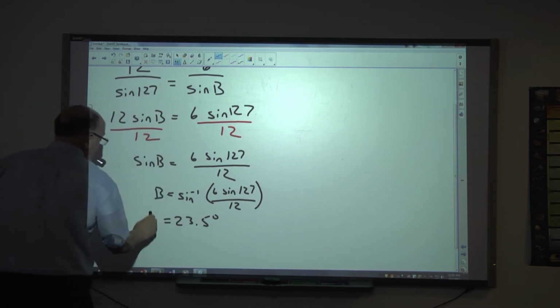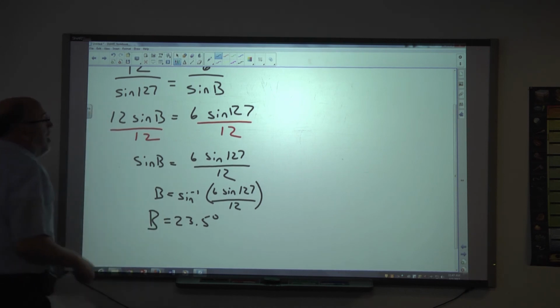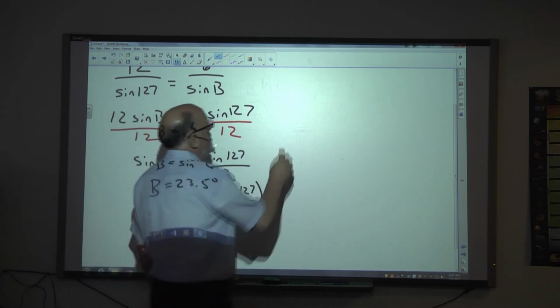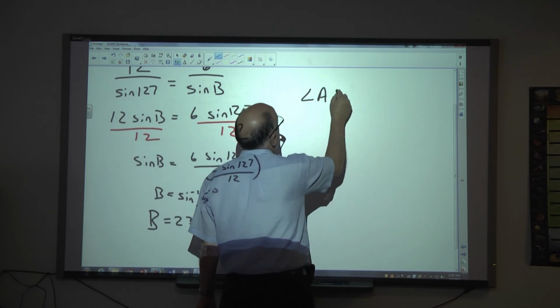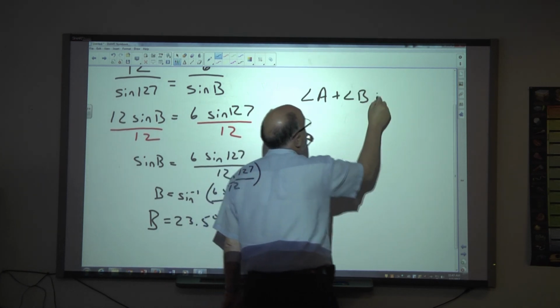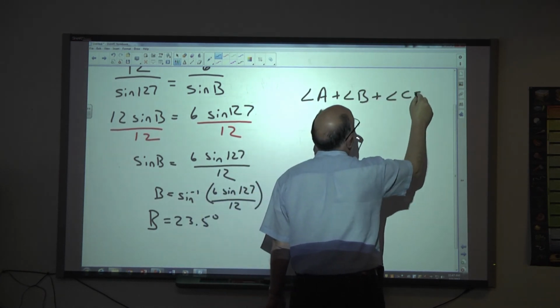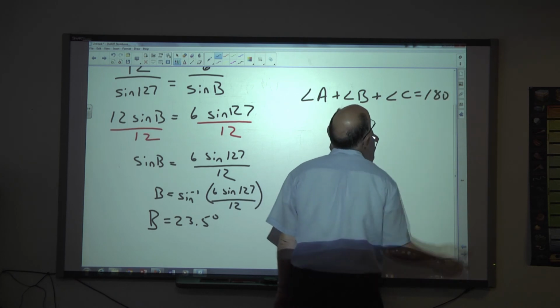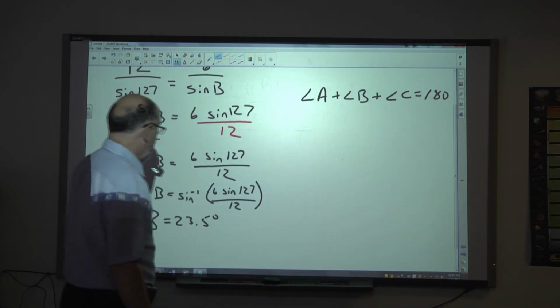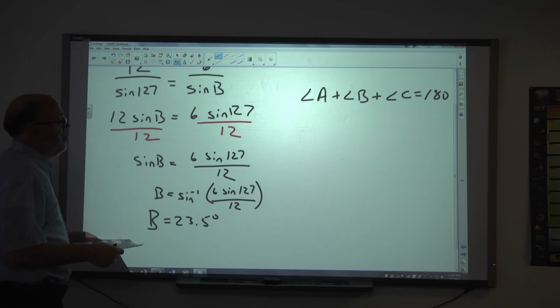Now we can find the other angle in our triangle. Remember that angle A plus angle B plus angle C has to equal 180. And so we know two, we can get the third.